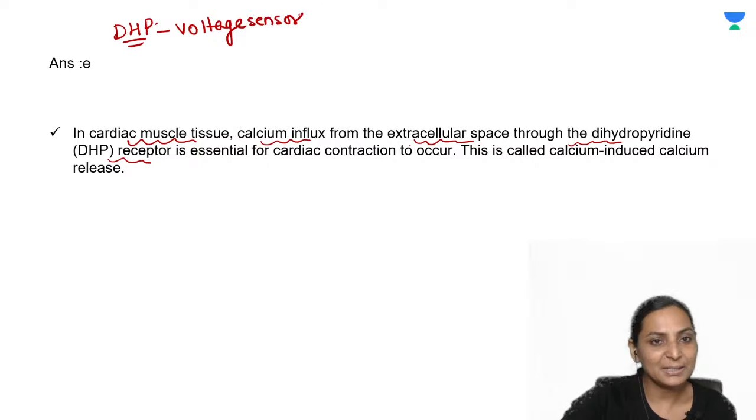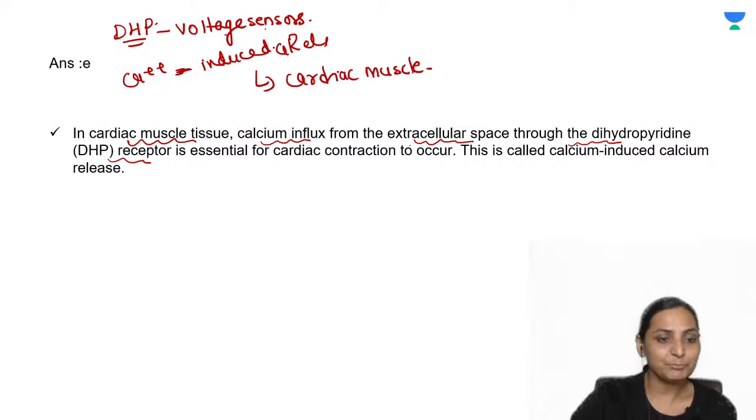They mainly behave as the voltage sensors, whereas in the cardiac muscle, calcium induced calcium release is causing muscle contraction.